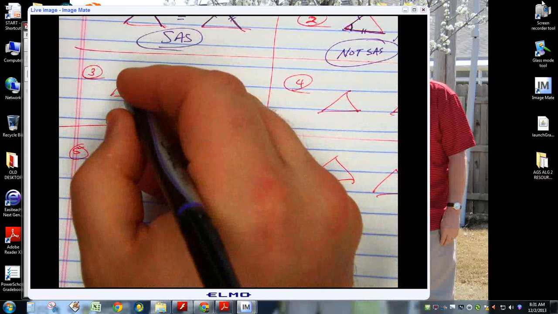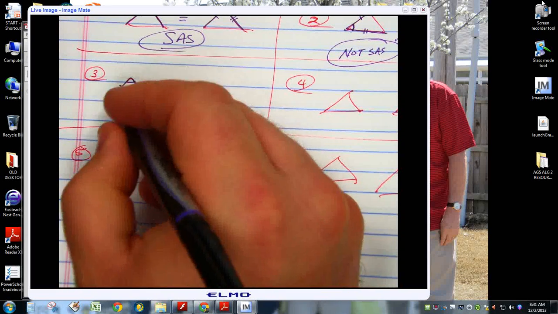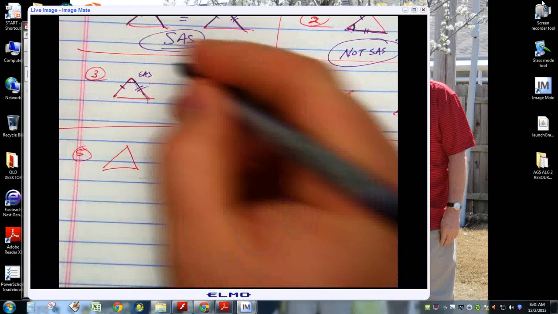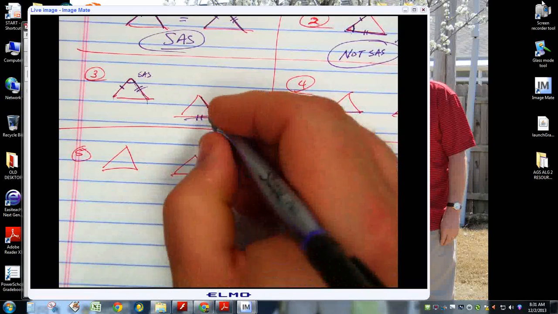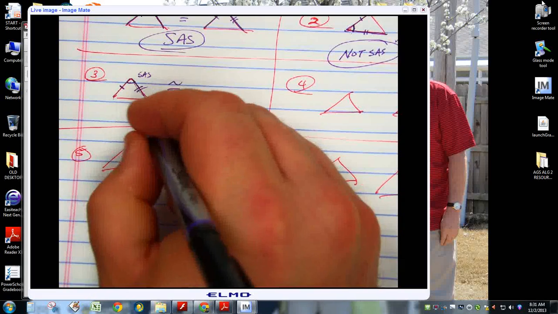Do I have side angle side here? When I draw the two congruent sides, did I draw the angle congruent? Yes. So I have side angle side here. Do I have side angle side here? Yes. So are they congruent? Yes. So I have side angle side.